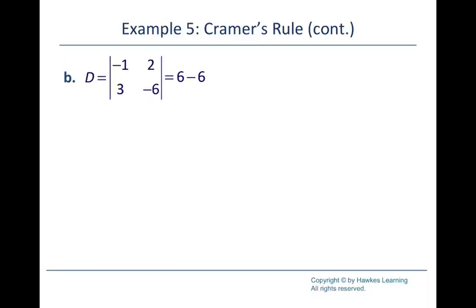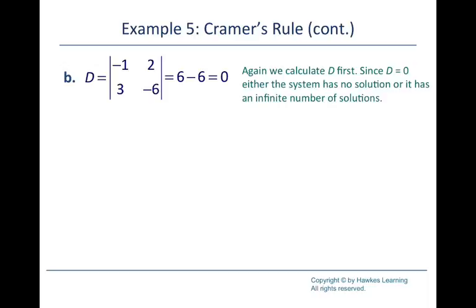For b, when we calculate D, we find that it's 0. So since D equals 0, there is not a single solution. It's either going to have no solution or an infinite number of solutions.